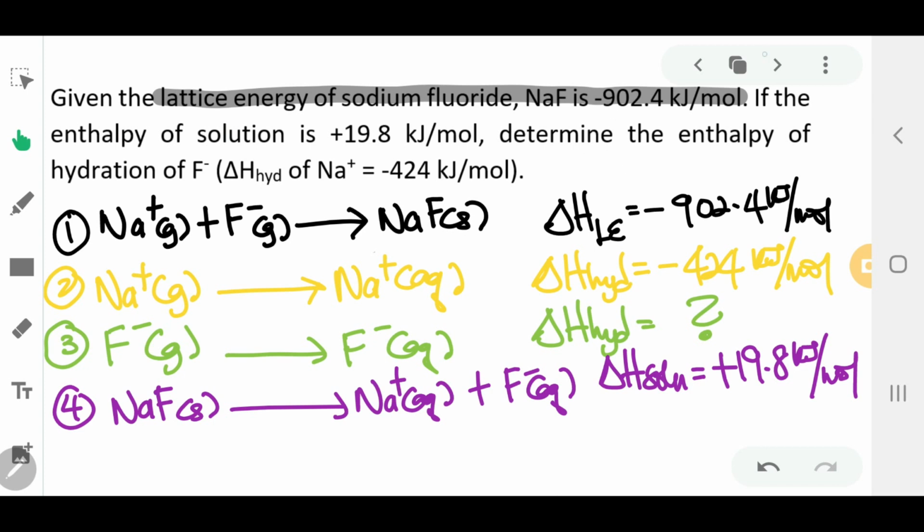When you look at this question, it is slightly different from what we have done in the first one. In the first one, it asks you to find the lattice energy. It doesn't mention specifically whether it's going to be formation or dissociation. Thus, it's up to you to decide. But in here, the question gives you lattice energy of formation.